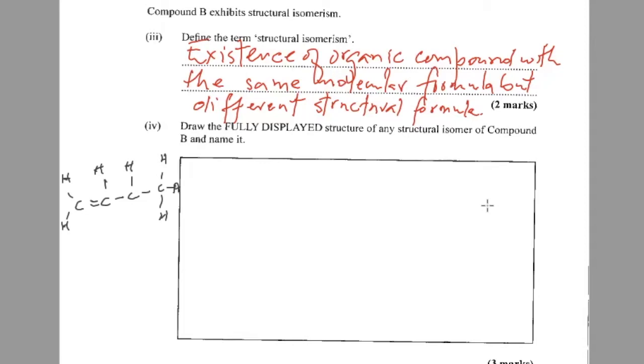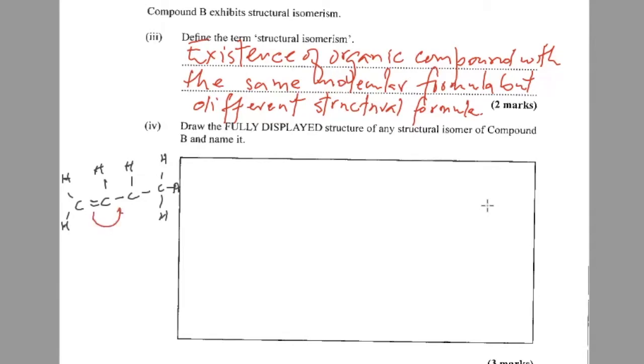Now, there are 2 other structural isomers of this compound, butene or N-butene, but-1-ene. There are two others. We could have one where we actually move the carbon-carbon double bond from the end to the middle, right?